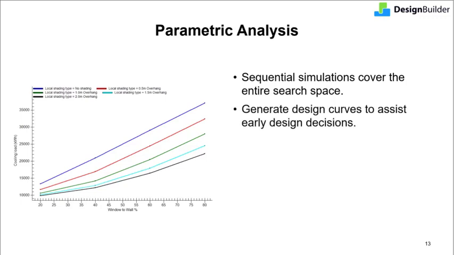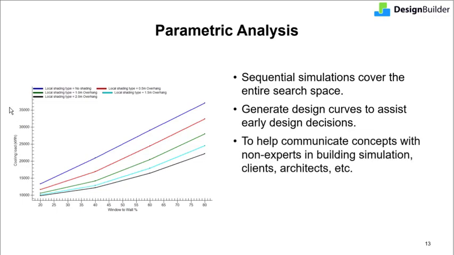It is commonly used to generate design curves or histograms which show how performance parameters like energy, cost, and comfort can vary as design variables are adjusted. These design curves help communicate the impact of design decisions on building performance effectively.